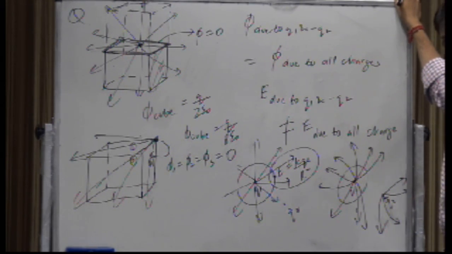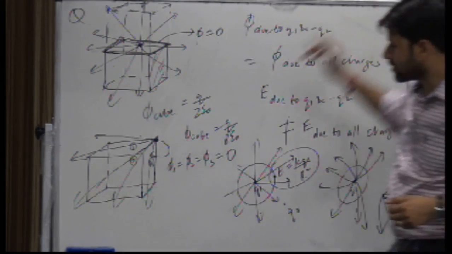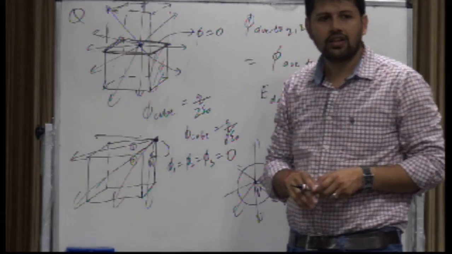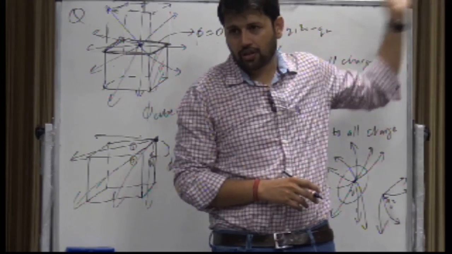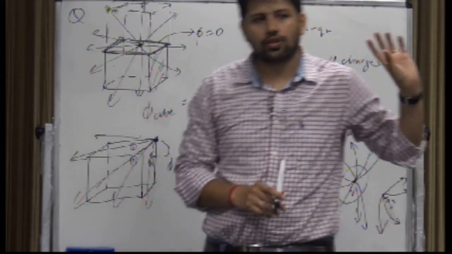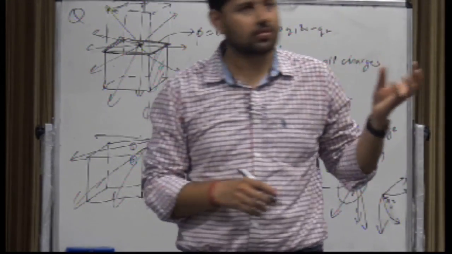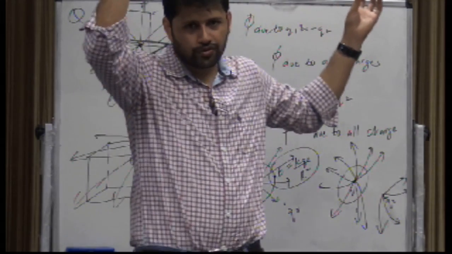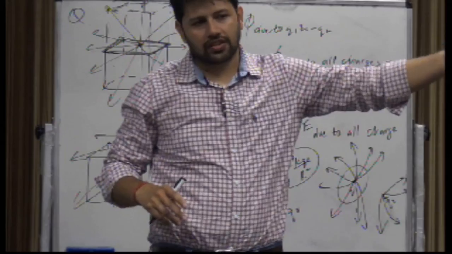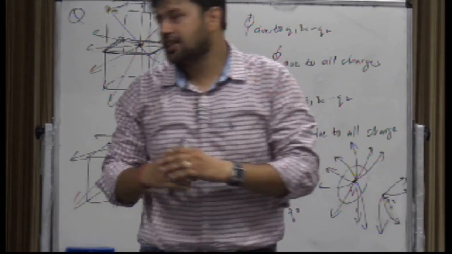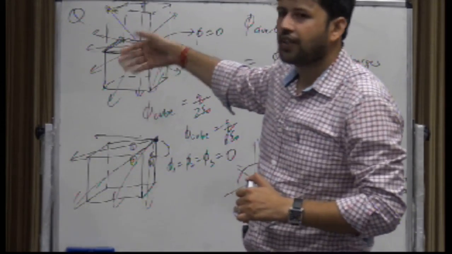Absolutely correct. For the rest of the three faces, again imagine a charge at this upper corner of the room. This upper corner is shared by the roof, the side wall and the front wall, and the flux through each of them is 0.